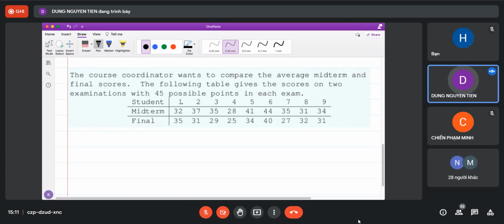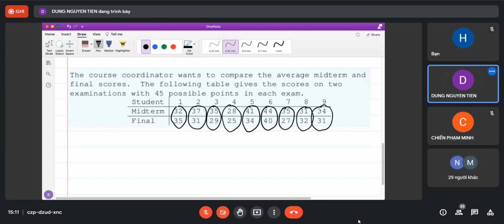So for 9 students you get 9 midterm scores and 9 final scores. And you see that if a person gets a very high score in the midterm, then it is likely that the person will also get a high score in the final exam. So you see that these numbers are correlated. There might be some relation between them. Am I right? So you have several pairs here, and so you come up with dependent samples.